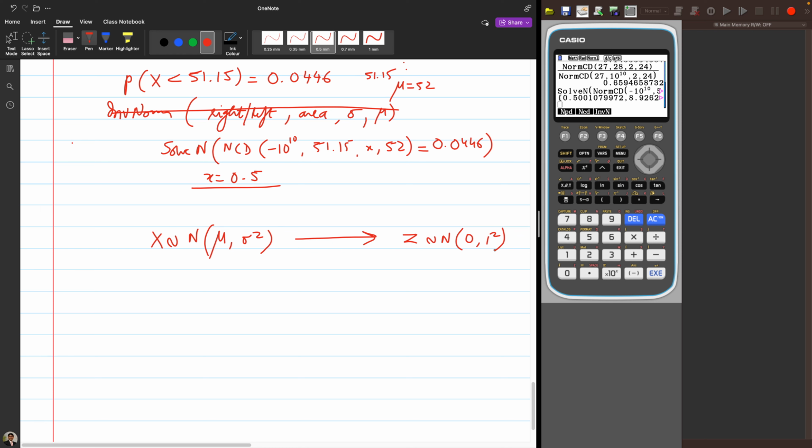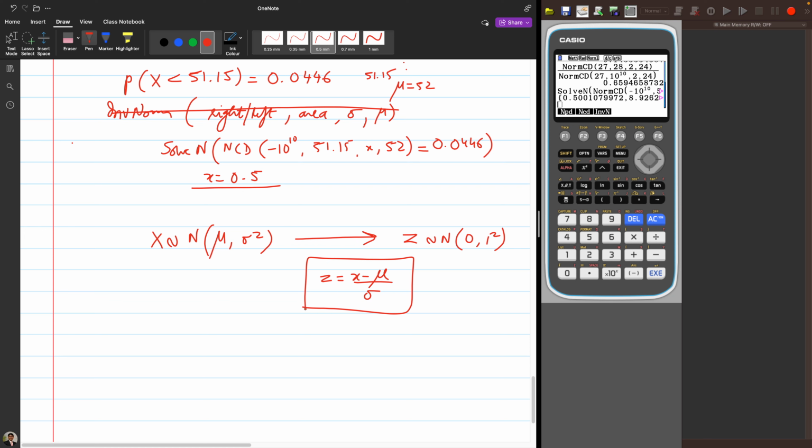Then you are scaling it down. You are doing a transformation and reducing it so that the mean becomes 0 and the variance becomes 1. The formula is z is equal to x minus mu upon sigma. To convert your x distribution to z distribution, we use this formula.